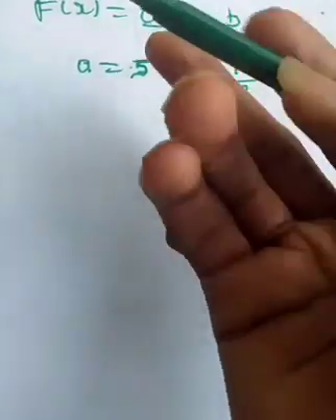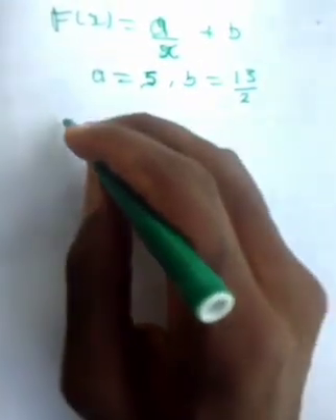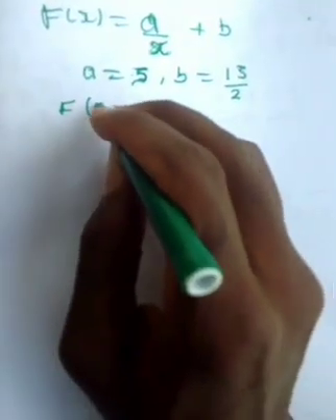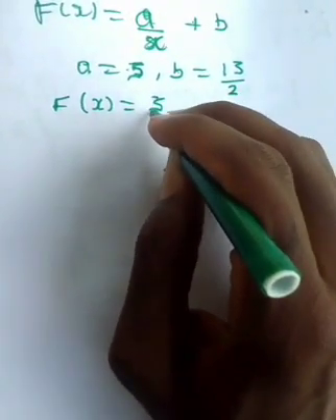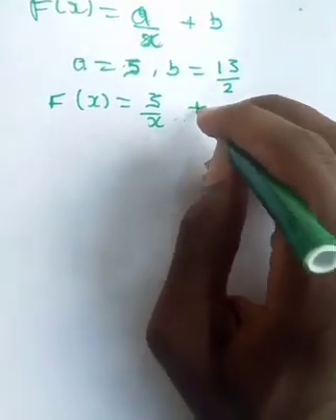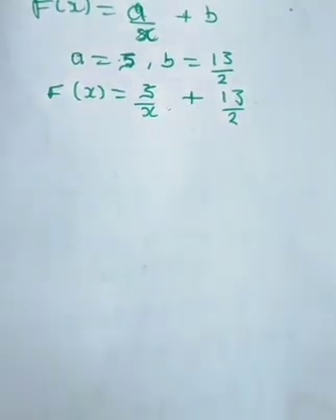So we can find now the original function in terms of its numbers by substituting. So where there's a, I'm putting 5 over x, and then plus, where there's b, I'm putting 13 over 2. This is the function now.